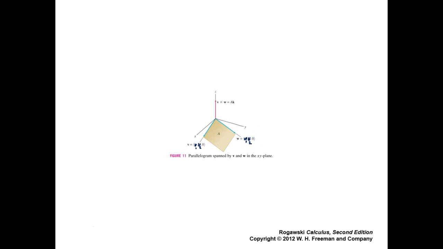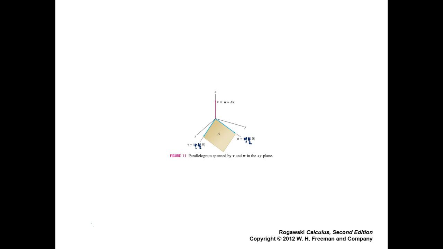Now, we can compute the area of a parallelogram spanned by these vectors V1 and V2 with 0 components in the z direction by regarding v and w as vectors in R3 with 0 components in the z direction. That's what I just said.